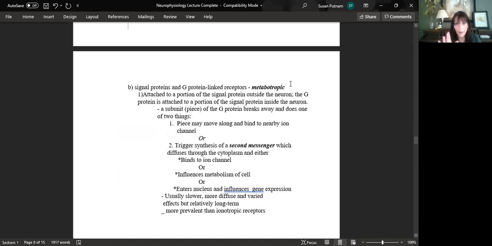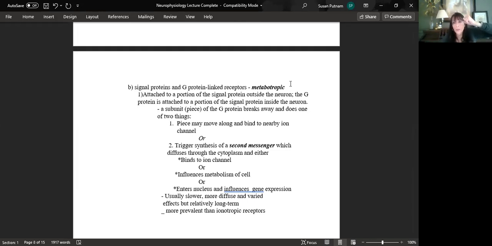Now, a subunit or a piece of the G protein will break away and do one of a couple of things. This is inside, remember, inside the postsynaptic neuron.